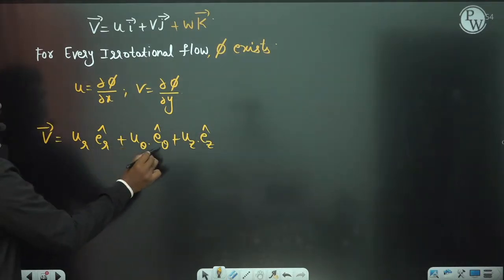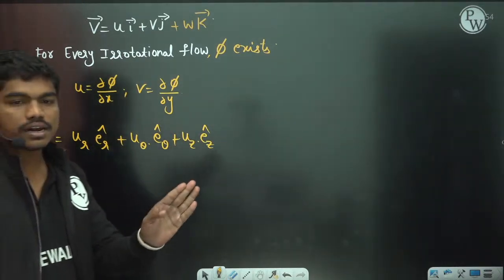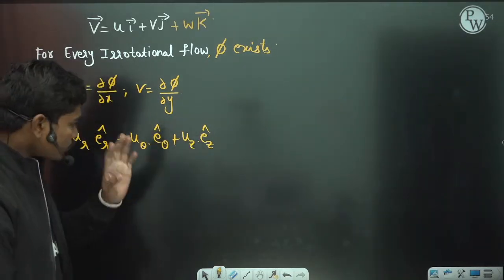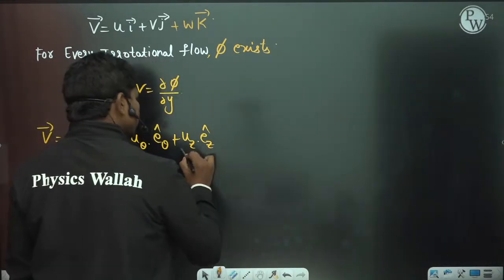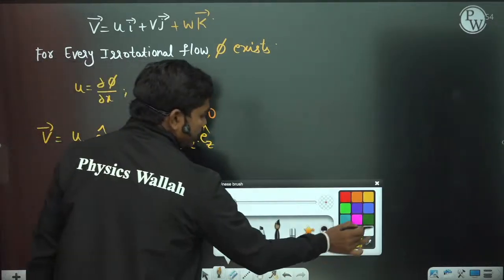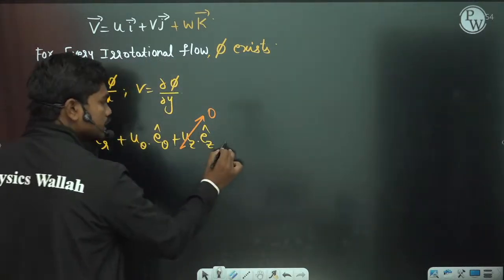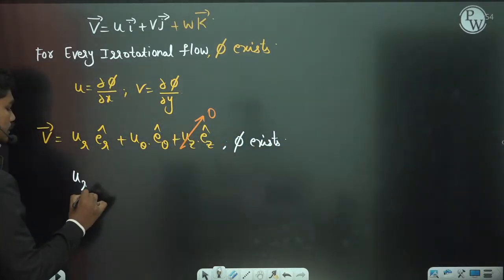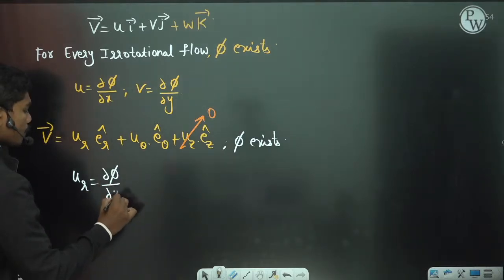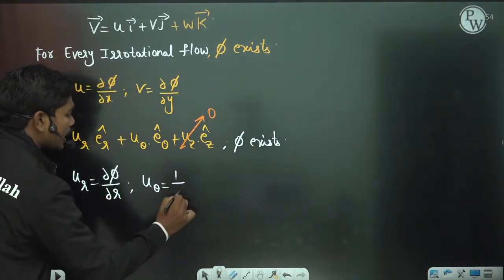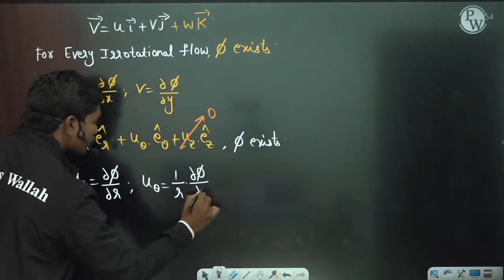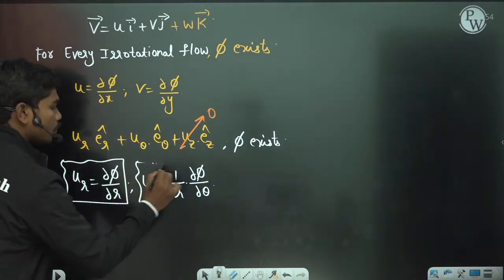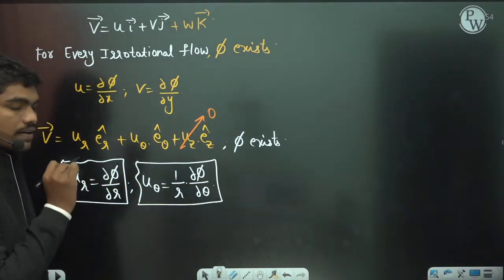So er cap, e theta cap, ez cap are the unit vectors in the radial, azimuthal (theta) and z directions. Here of course we are not talking about the third dimension, this is 0. If this vector point function is irrotational, phi exists in polar coordinates, and these values are given by ur is equal to ∂φ/∂r, and u theta is equal to 1/r times ∂φ/∂θ. These are the components of velocity for potential flows in polar coordinates.